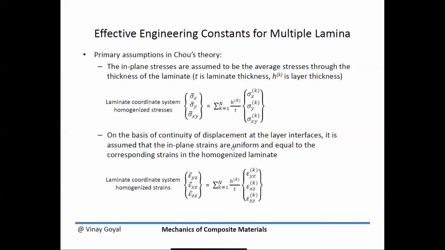Note that k represents the ply number, there could be n plies, h is the thickness of each ply, and t is the total thickness of the stack, because the weighted average is what these formulas are trying to accomplish.